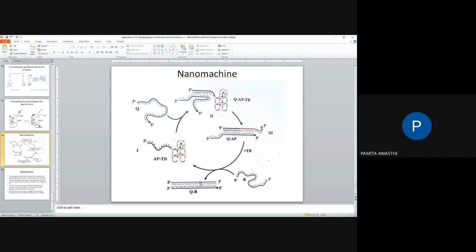So with this, I finish. Though I could not cover all of them, there are a lot of interesting applications, because of the time and the scope I could just confine myself to a few important applications, specifically in the area of biosensors and cancer diagnostics.